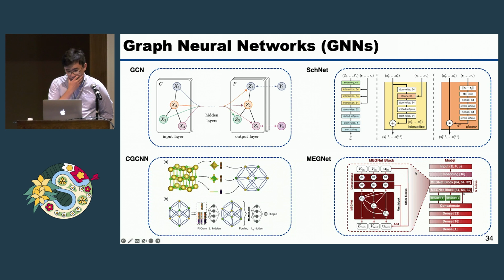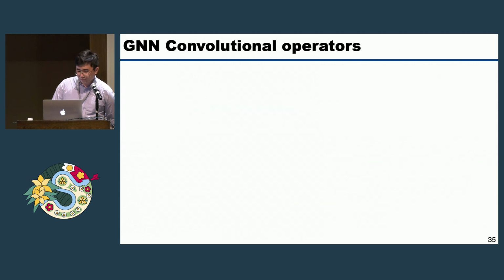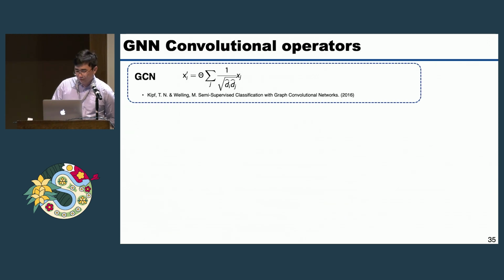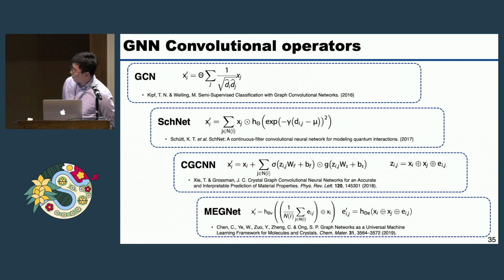I don't want to talk about the details of the architecture of each one. I guess many of you already know about it. But the main core differences are in their convolution operator. If you compare the convolution operator, for example, in GCN, they don't have edge features. They only do a linear update on the nodes.